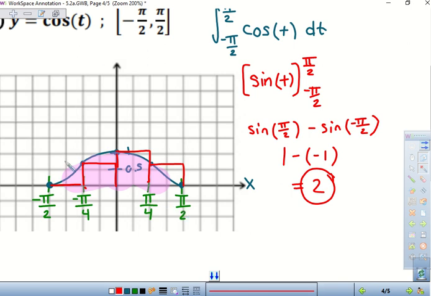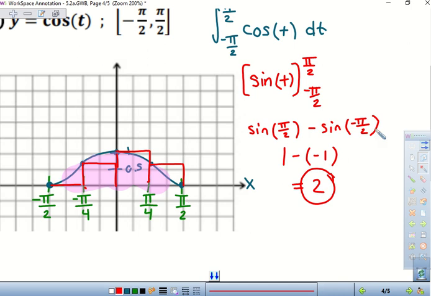The left side is under and the other side is over, which makes sense because we use LRAM. When the function is increasing, which it is doing from negative pi over 2 to 0, it's an under. But when it's decreasing, we know it's an over, which it is doing from 0 on to pi over 2. So does that make sense why it's both over and under in this case?